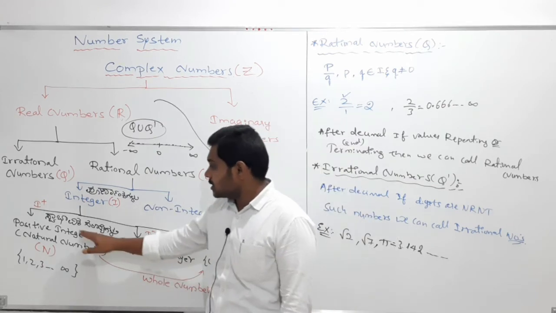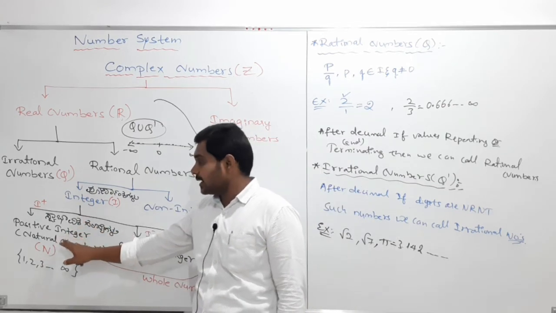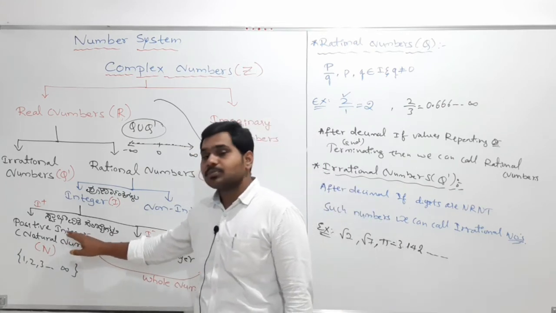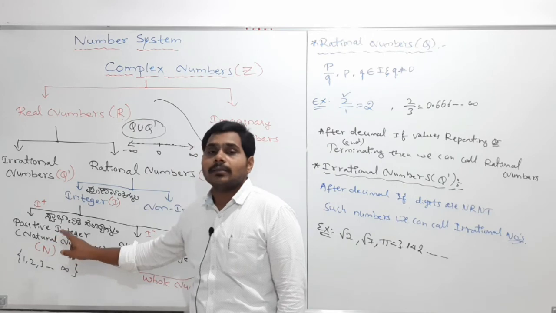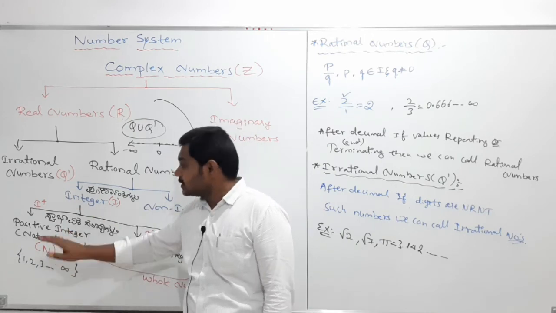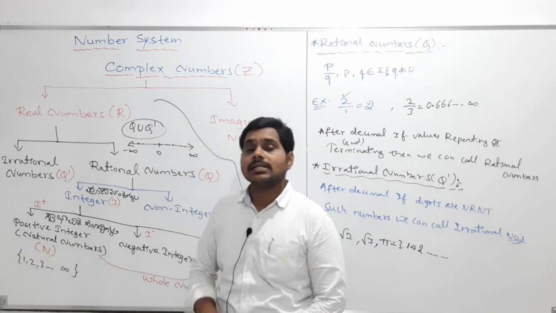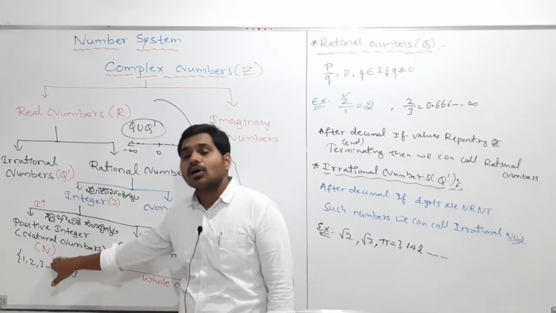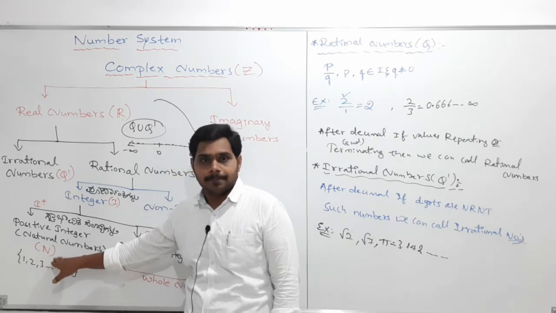And now, my dear students, integers we again divide into three parts: positive integers, negative integers, and 0. What is a positive integer? 1, 2, 3 and so on we can call positive integers, or natural numbers. What are natural numbers? All counting numbers we can call natural numbers, and the symbol for natural numbers is capital N. Clear?